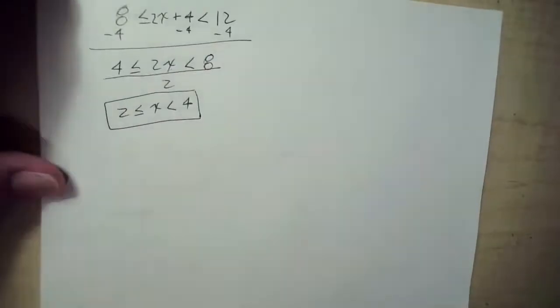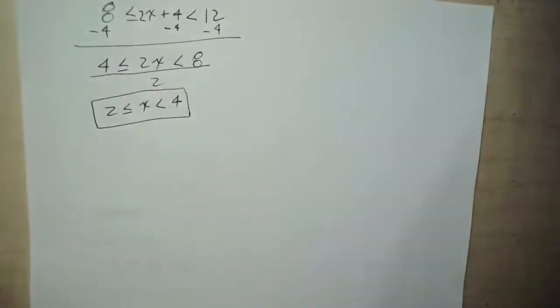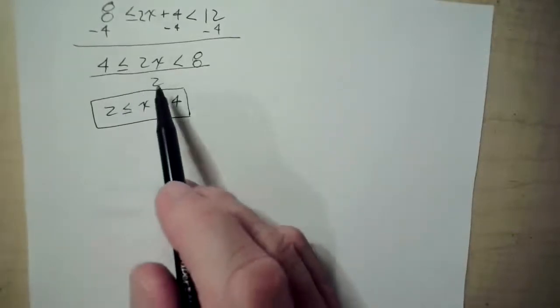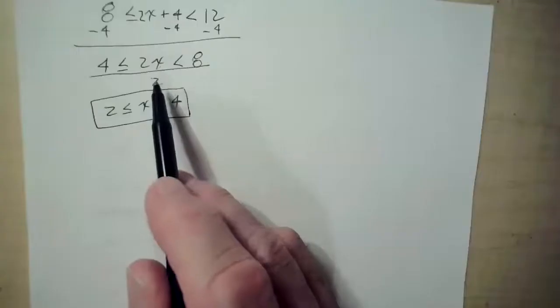Right. Everybody understand that? Whenever you multiply or divide by a negative number, let me see, where did I have it written down? Somewhere in here. Down there somewhere. If you multiply or divide by a negative number, then the sign flips.